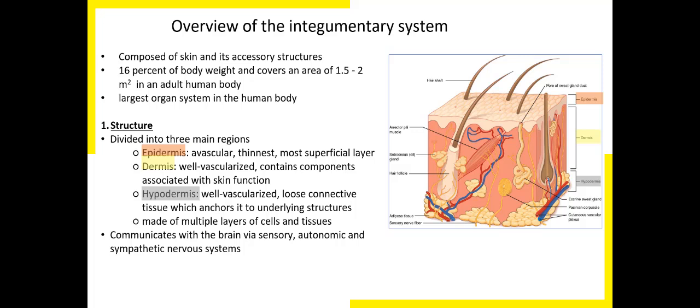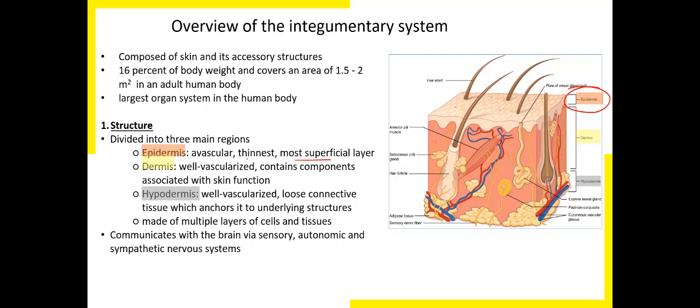Our integumentary system is composed of skin and its accessory organs. It can be divided into three main regions. The most superficial or topmost layer is the epidermis. It does not contain blood vessels because it's the epithelium layer.